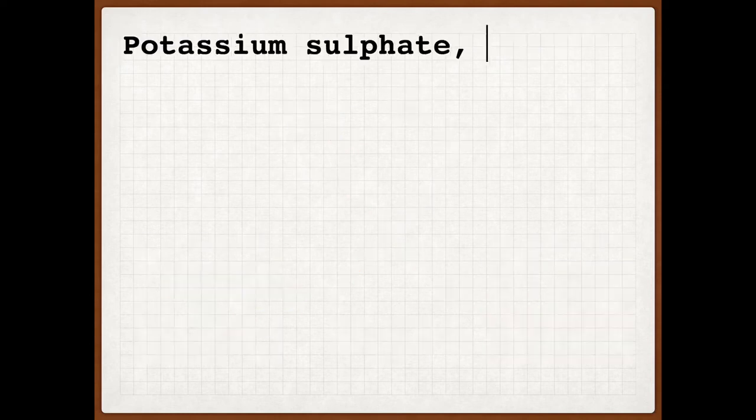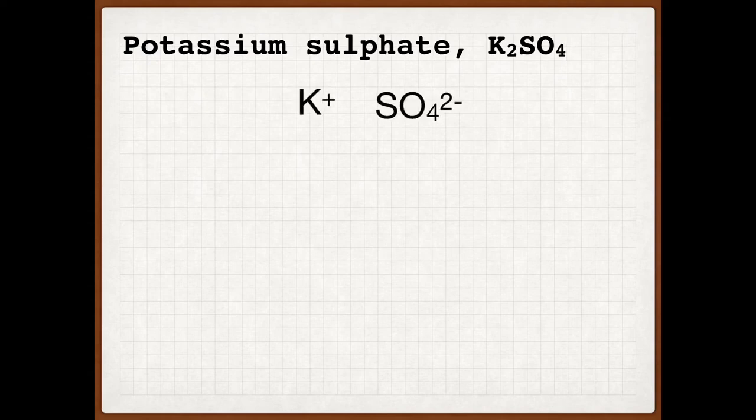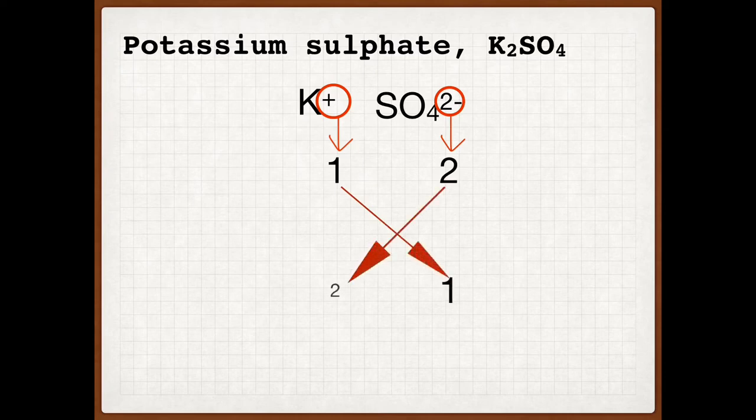Next is potassium sulfate. Involve potassium ion and sulfate ion. Bring down the charge +1 and -2 from sulfate ion. We cross the number 1 and 2. How many potassium ion involved?